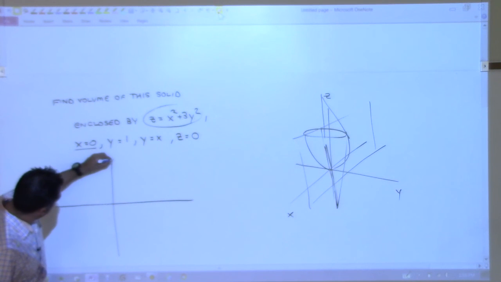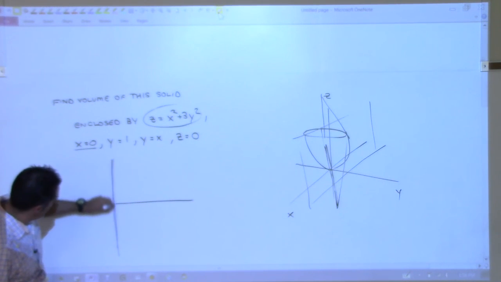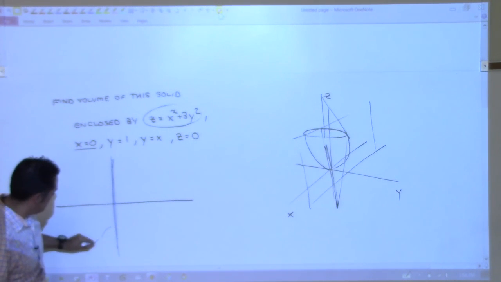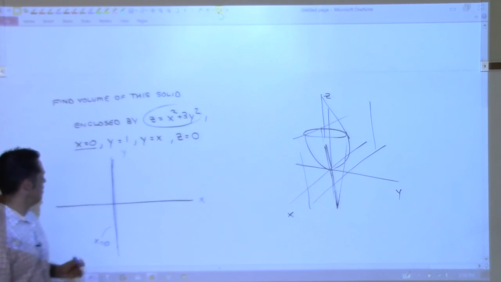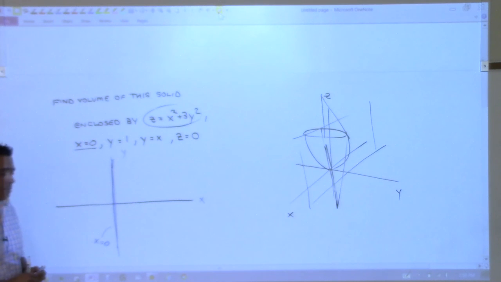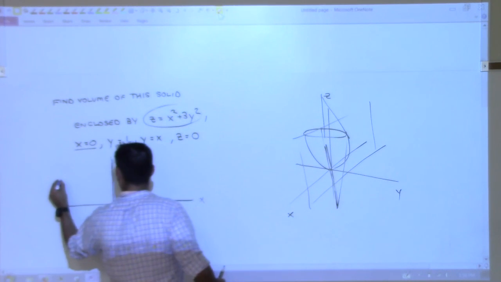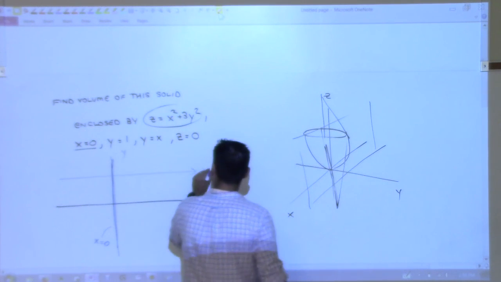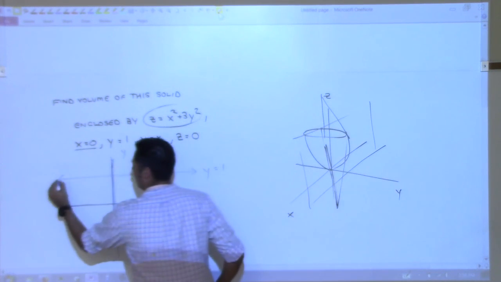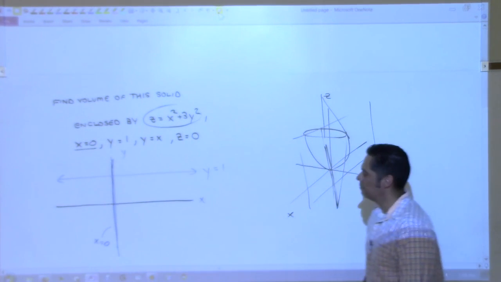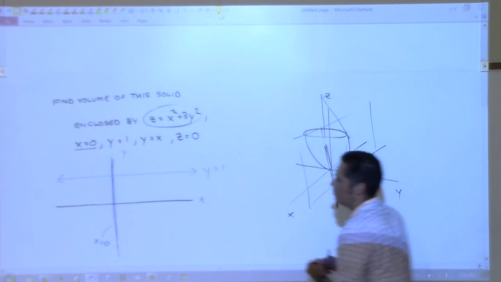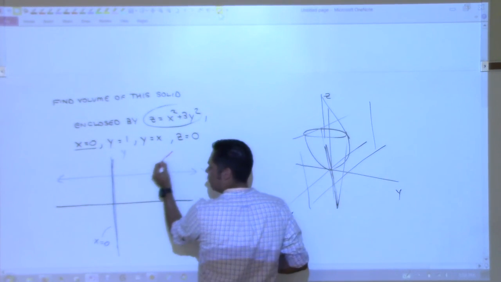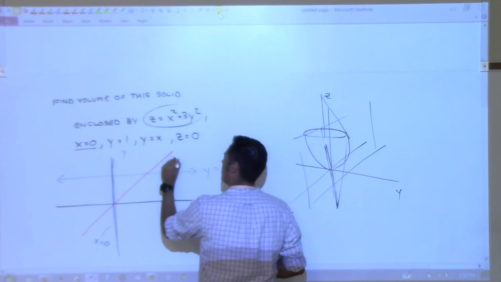That's x is 0. Remember, this is x and this is y. Y equals 1 would look like that in two-dimensional space. Y equals x would look like this in two-dimensional space.